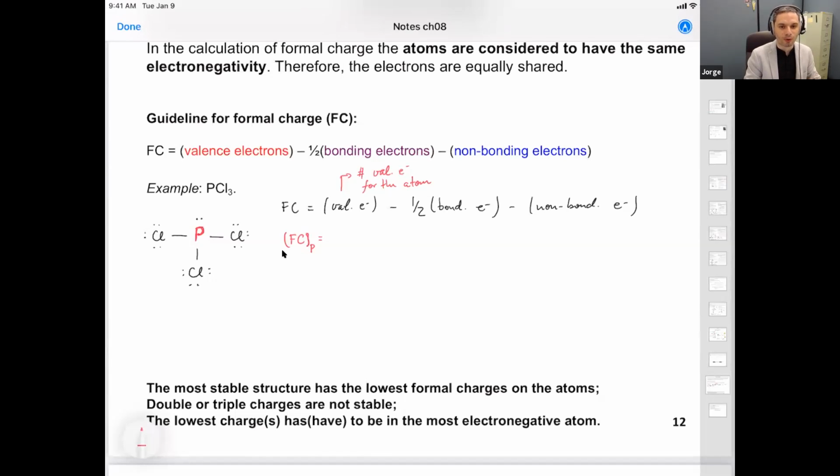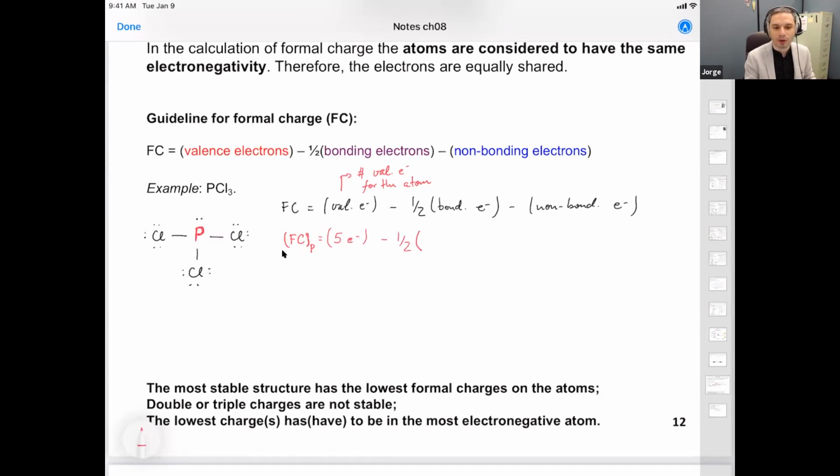Phosphorus belongs to group 15. Therefore, phosphorus started with 5 valence electrons. In this compound, phosphorus is going to be combined with chlorine. Therefore, we have bonding electrons.